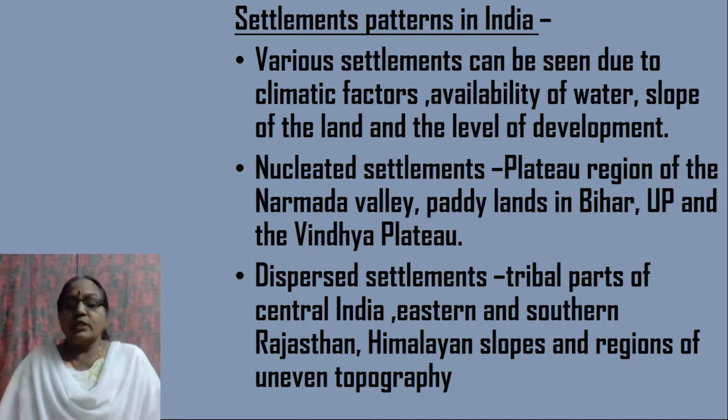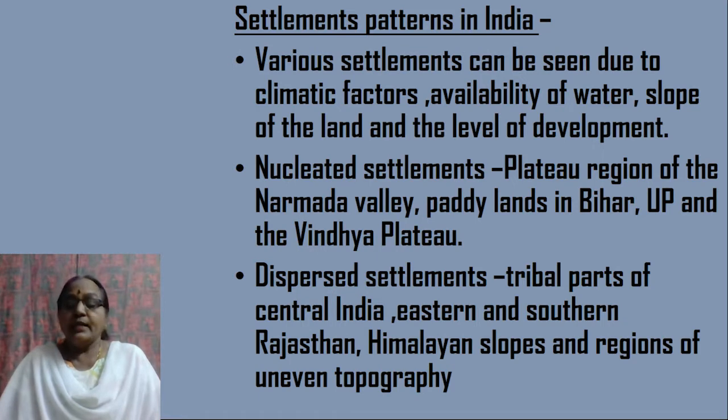Now, what about dispersed settlements? Dispersed settlements are found in the tribal parts of central India, the eastern and southern region of Rajasthan, the Himalayan slopes, and the regions of uneven topography. So here you find conditions may not always be favorable. For example, in the tribal parts of central India, these are the ravine lands.